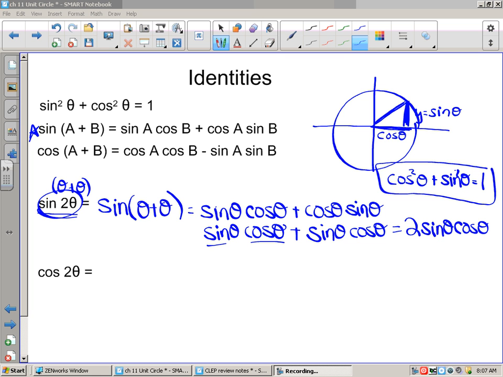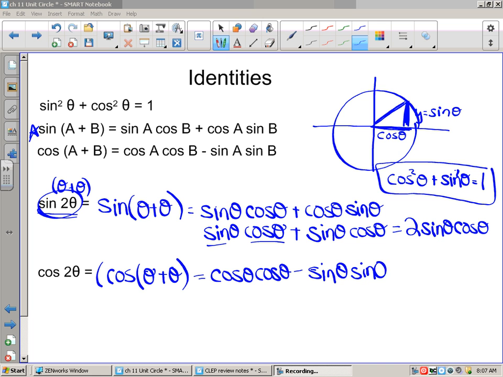All right, well, what about cosine 2 theta? Is that just as easy? Well, of course, we're going to approach it the same way, and that it's cosine of theta plus theta. And so I would write that as cosine of theta cosine of theta minus sine of theta sine of theta. Well, how else could I write cosine theta cosine theta? Yep, cosine squared. And sine theta times sine theta would be sine squared theta.